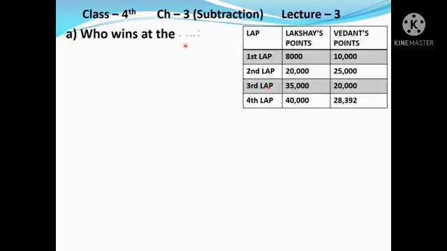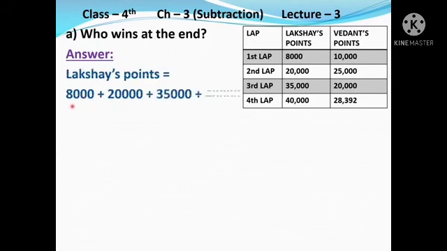Now, see, A part. Who wins at the end? To calculate who wins at the end, we will add Lakshay's points and then add Vedant's points and then we will compare. See, answer. Lakshay's points equal 8,000 plus 20,000 plus 35,000 plus 40,000. We will add this. Answer will be 1,03,000.